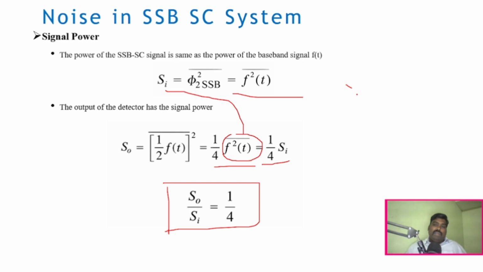Now you can calculate the gamma value, that is the figure of merit. We already know S0 divided by Si, and also N0 divided by Ni, which is 1 by 4 divided by 1 by 4, equal to 1. It is the same as the DSB-SC system.